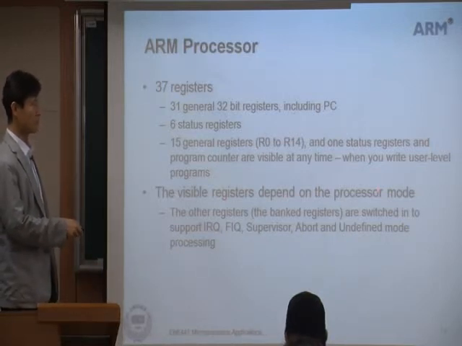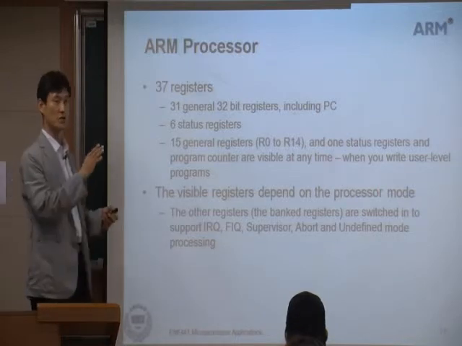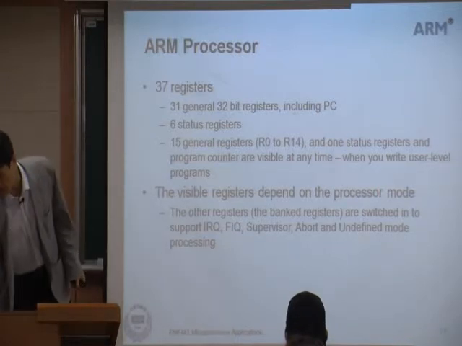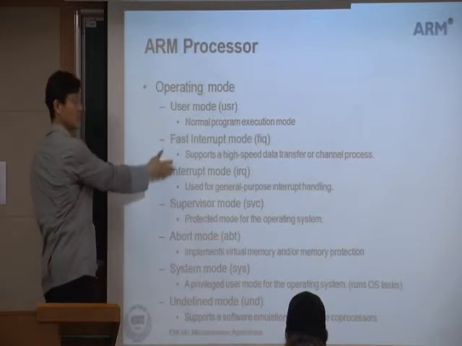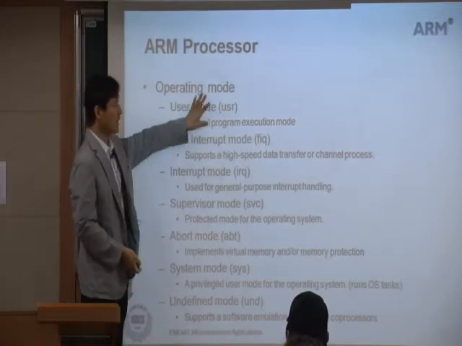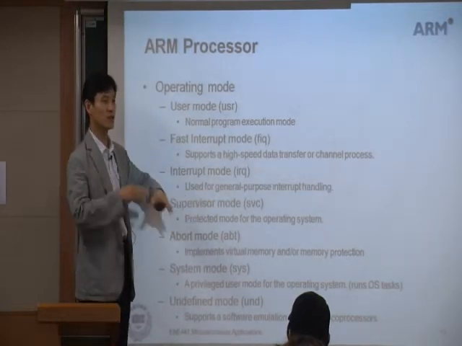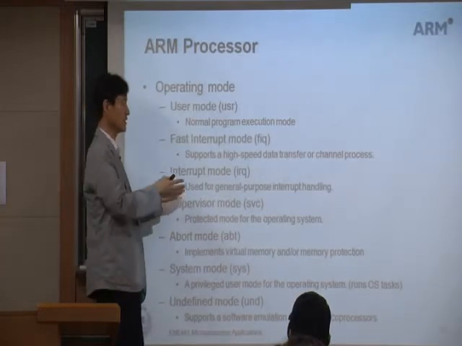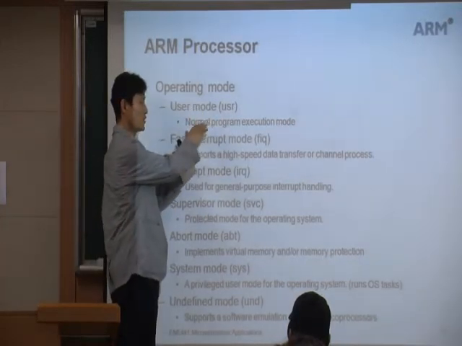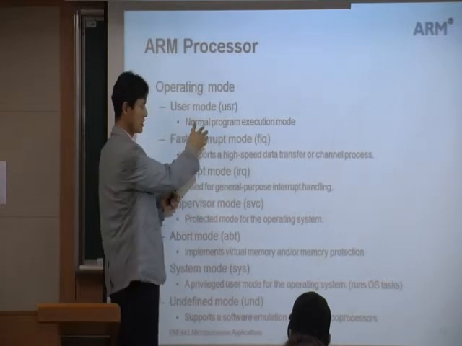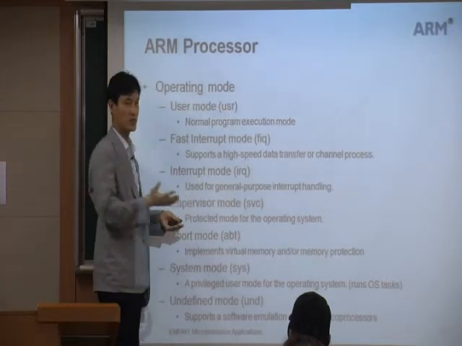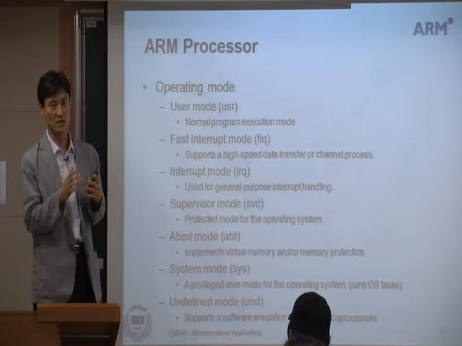Depending on the mode, and we have a lot of modes, as we discussed in the previous slide, you have different registers. If you are in user mode, you have about 32 registers. But if you jump to supervisor mode, suddenly you have only 20 registers, something like this.